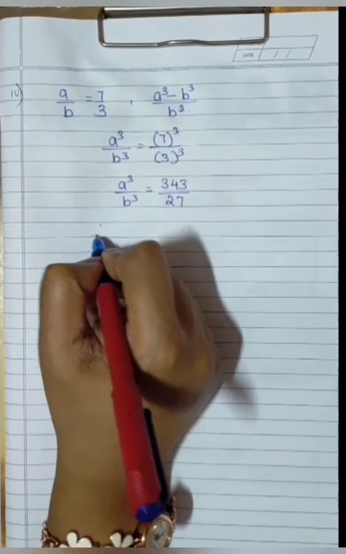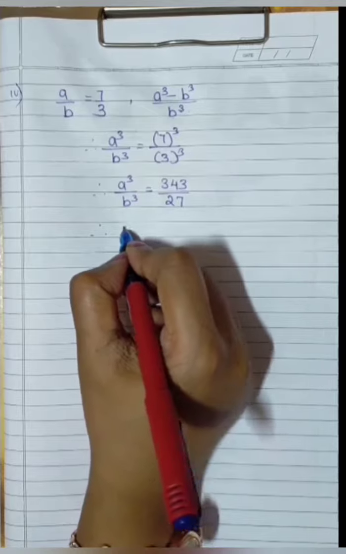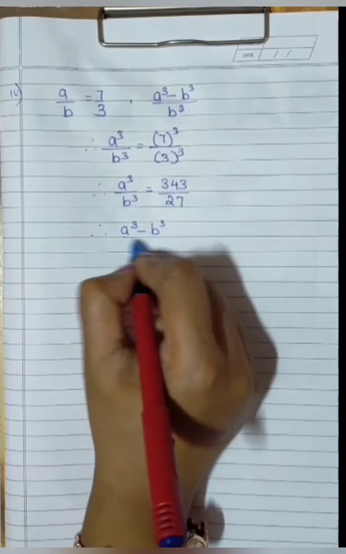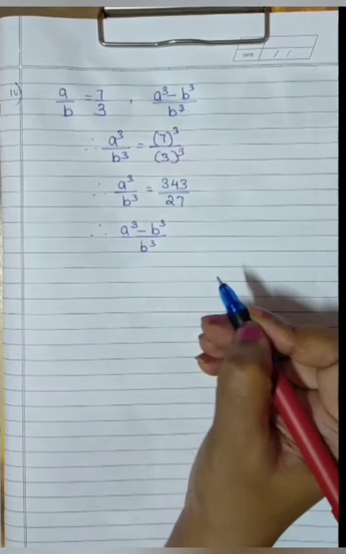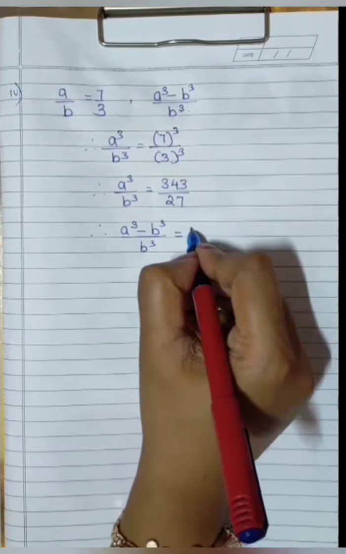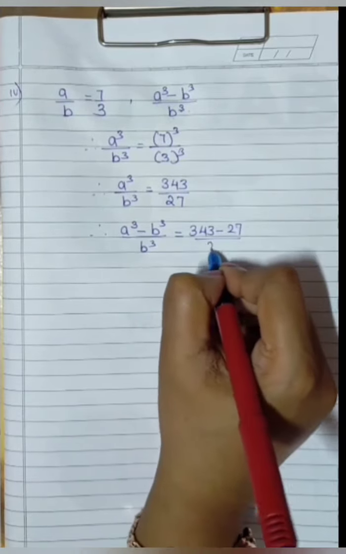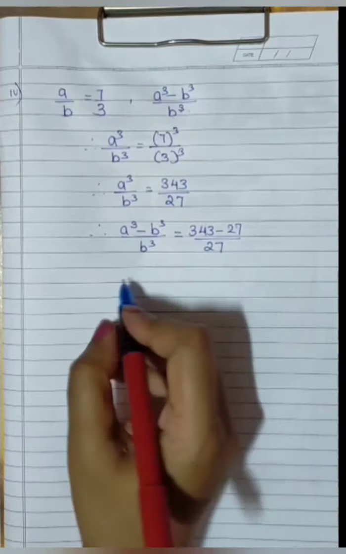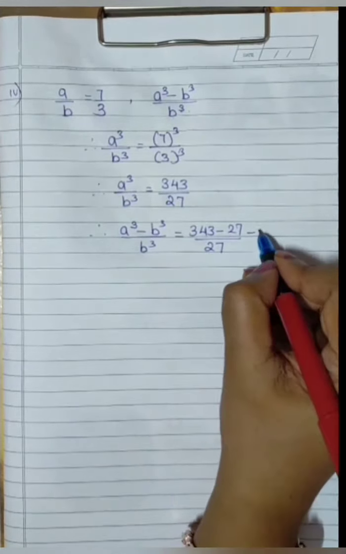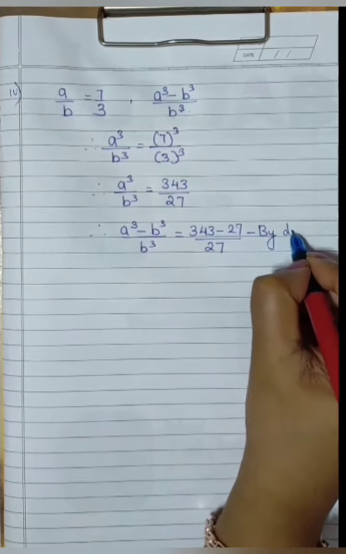Now next, therefore A cube minus B cube upon B cube is given. So we are writing the sum equal to 343 minus 27 upon 27. This is our equation. Now we will use, by dividendo.